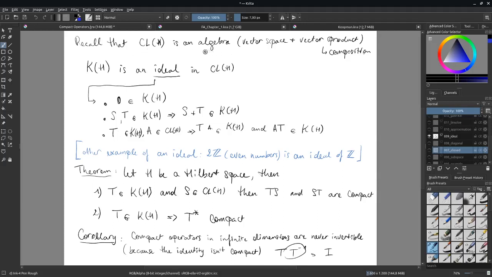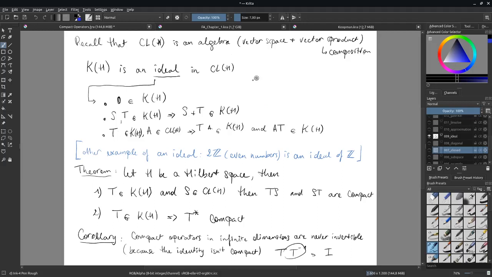An algebra is just a vector space with a vector product. Here the vector product is simply the composition, and there are quite a lot of examples of algebras in both mathematics and especially in functional analysis, where it's actually quite a big topic, particularly for, I believe, quantum mechanics.